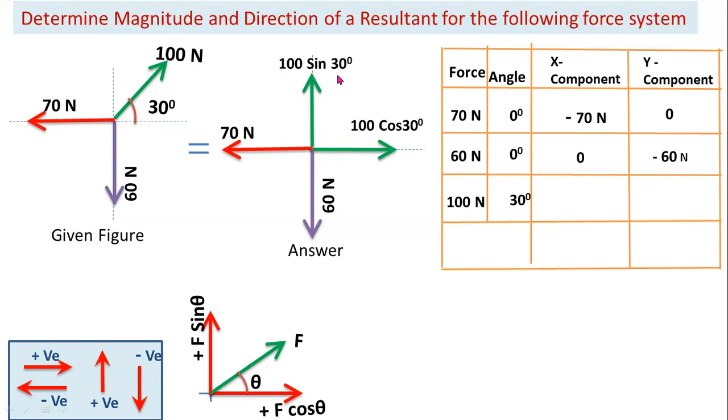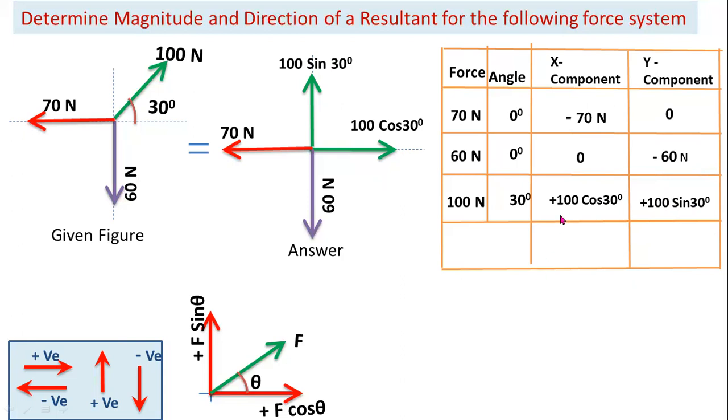So you have to treat this force as a y component. Now x component equal to 100 cos 30. Positive sign indicates right side direction. And this one is a y component, plus 100 sin 30. Here positive sign indicates upward direction.